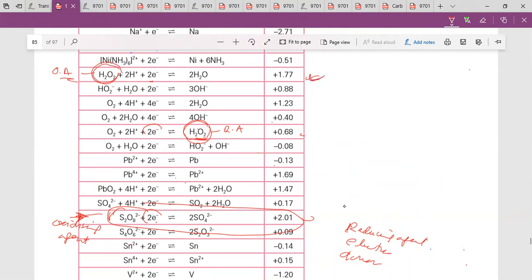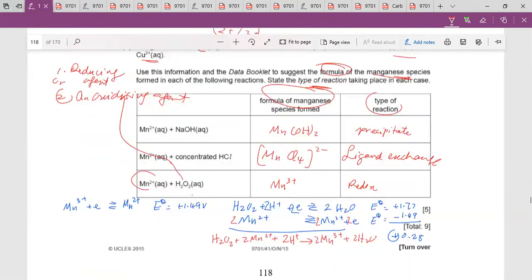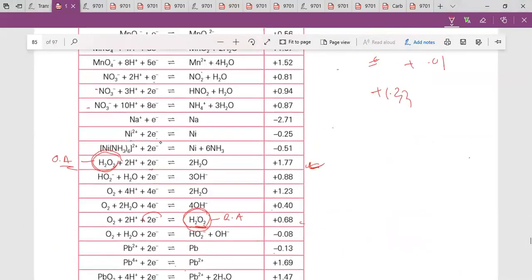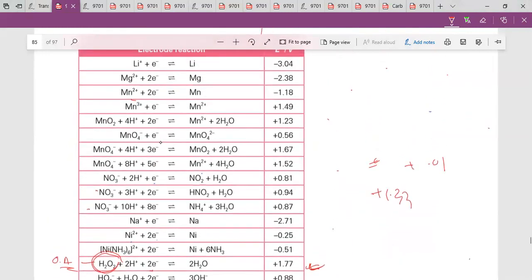Okay, so the point is, will they give you a positive delta E or not? Okay, here. So I quote this one here, manganese 3 plus to 2 plus, 1.49. You can see here, it's 1.49. Where is it? Here, 3 plus, 2 plus. Yeah, I quote this first. This is reduction, because it's going this side. And of course, the other one here.